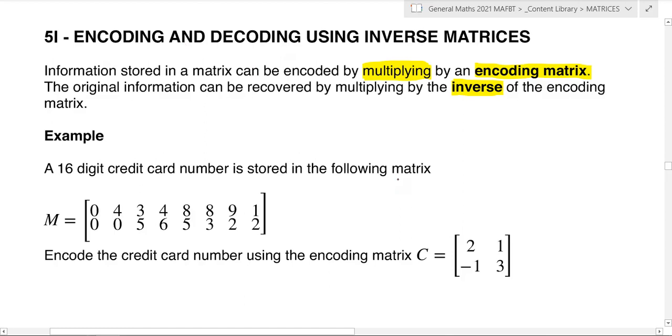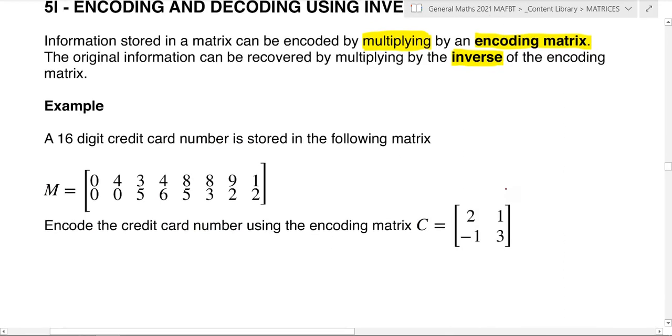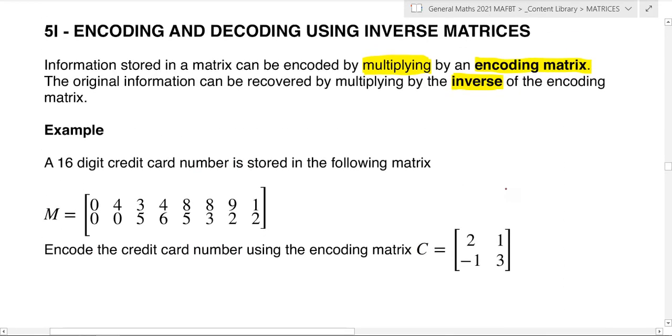So they change your words into some sort of number, and then it gets encoded using a matrix of some sort, and then it gets sent into the cyber internet somewhere, and then someone else receives it, and their phone will receive the matrix that's been encoded, and then it will get decoded using this. It sounds a little bit crazy and it might not make a lot of sense, but it is something that is used a lot in IT.